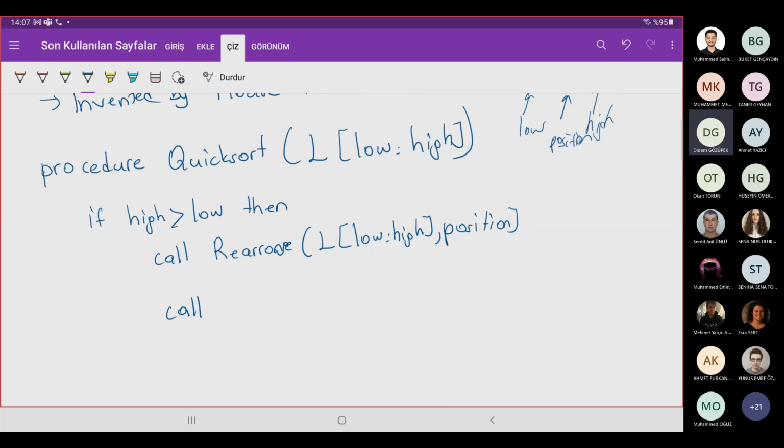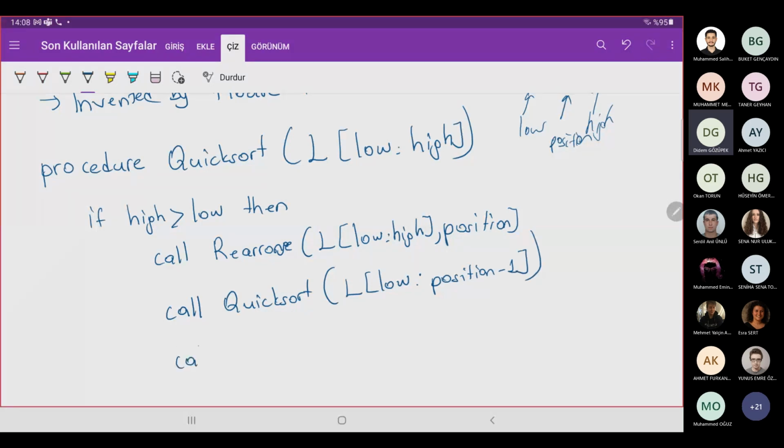And then we continue sorting this not necessarily sorted part recursively, this half, okay? We call quicksort recursively, this time with L, from low to position -1.